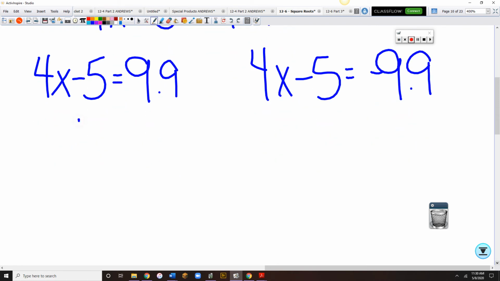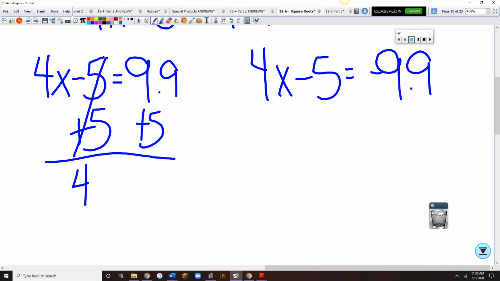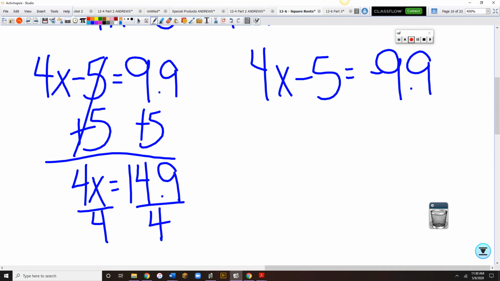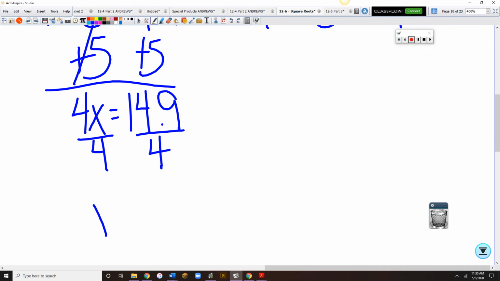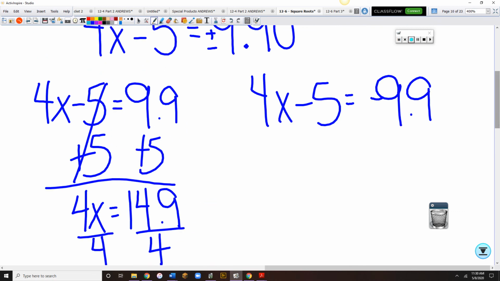So I will add 5 to both sides here. Divide by 4. All right, let's see, 14.9 divided by 4 is 3.725. Okay, then I'll do the other half with the negative 9.9.